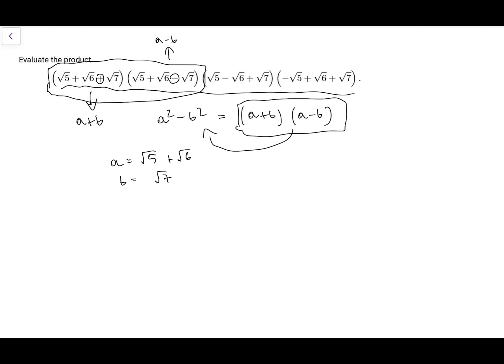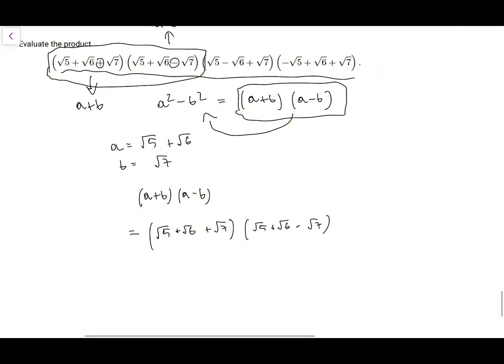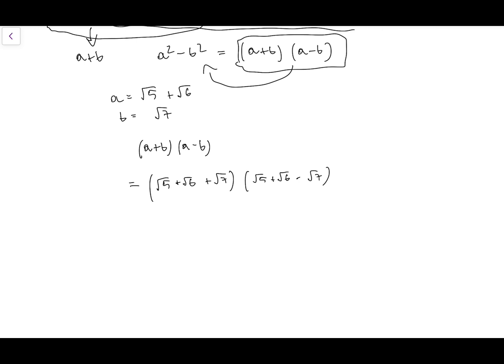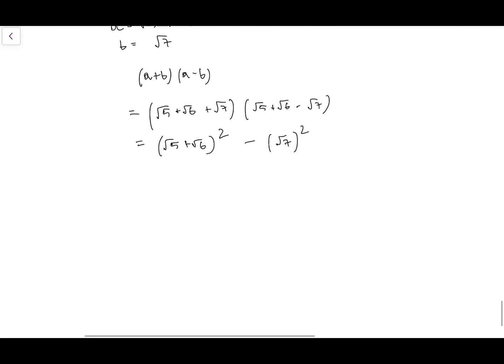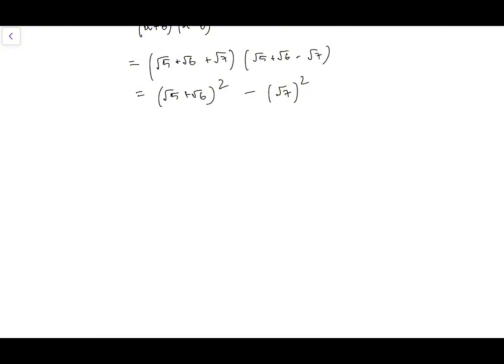So calculating this expression basically means that we are calculating the product of these two factors. So it is going to be, because of this formula right here, the result.